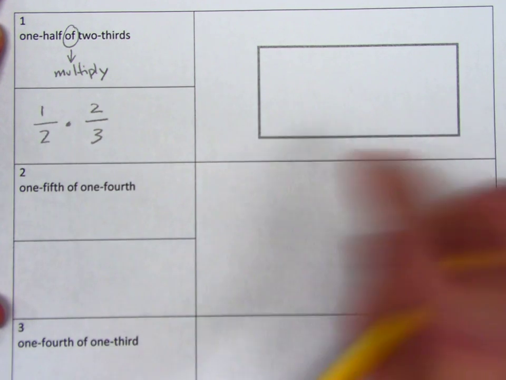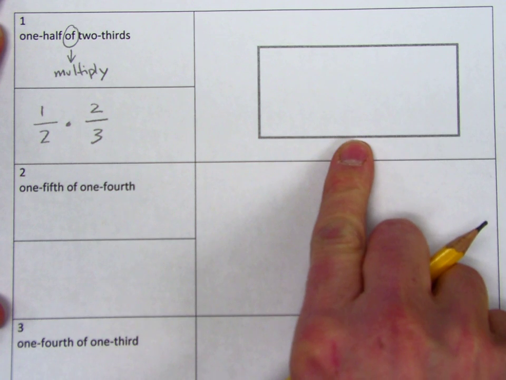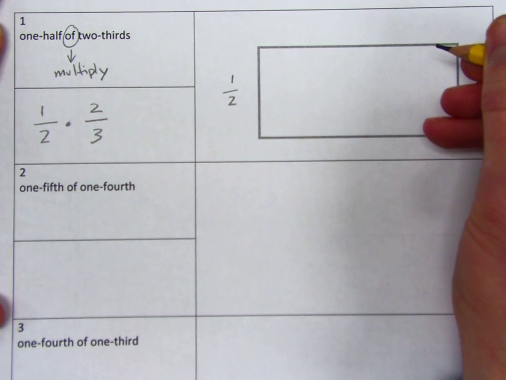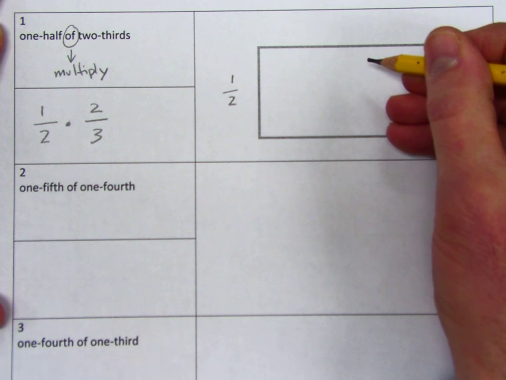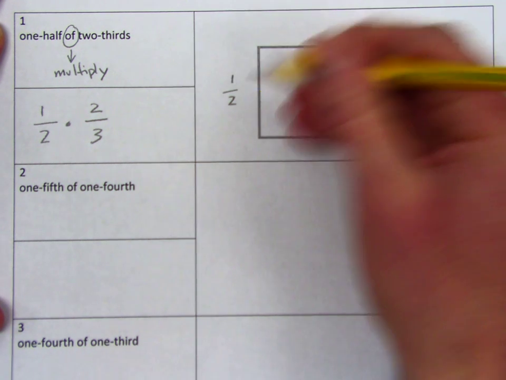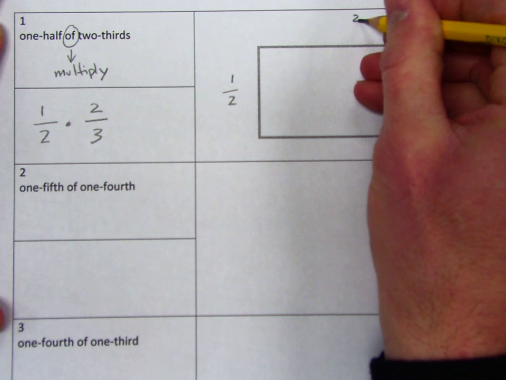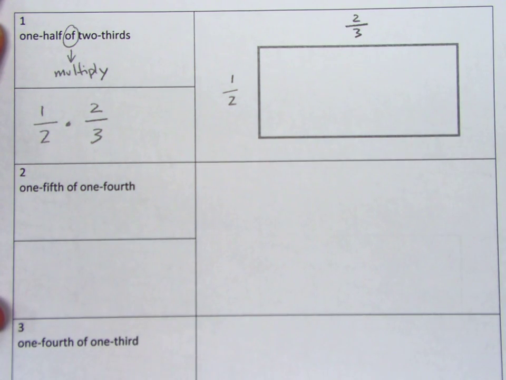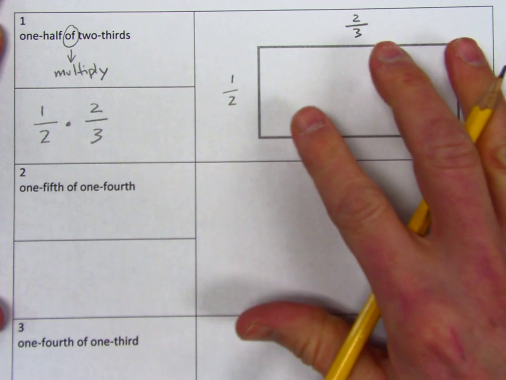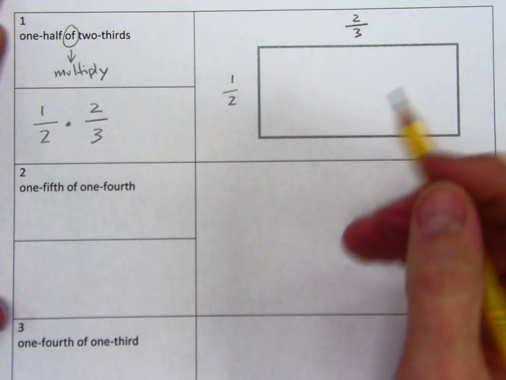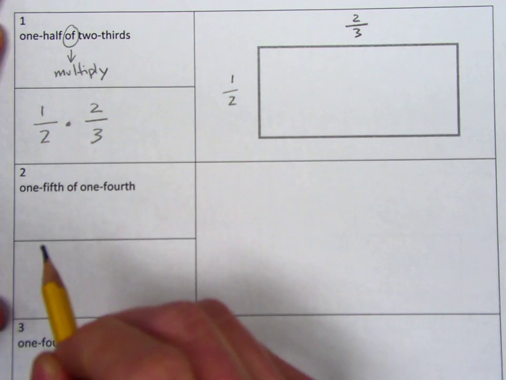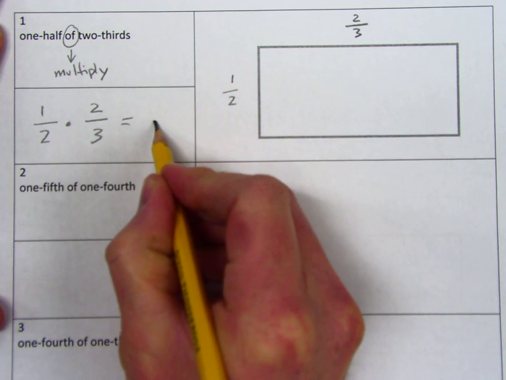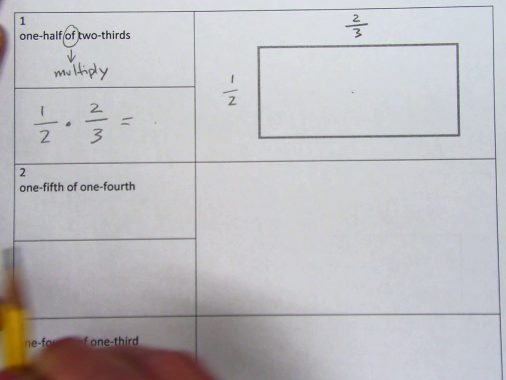Over on this side we have a blank area, and just like the one I showed on the previous page with 3 times 5, they'd have 1/2 and they would put 2/3 up here and they would be multiplying them, and this is the area. It's a little different than the other one because the boxes might be different shaped, but they still need to be thinking about dimensions of the area, and the answer to this problem is going to be the area inside the box.